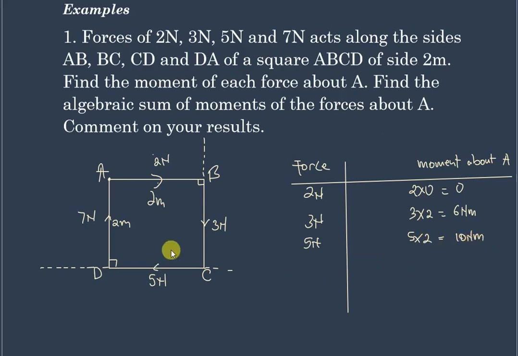The other force is the 7 Newton force. It is passing through A, so the perpendicular distance of its line of action from A is 0. So that is 7 times 0, which is equal to 0.